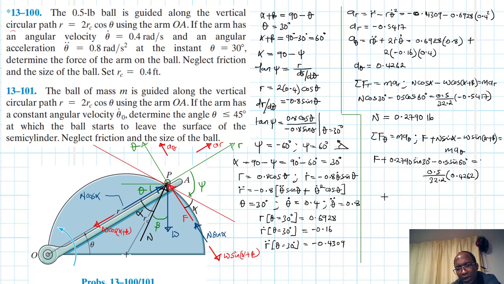Working this out, F is just equal to 0.5 divided by 32.2 times 0.4262 plus 0.5 sin 60 minus 0.2790 sin 30.